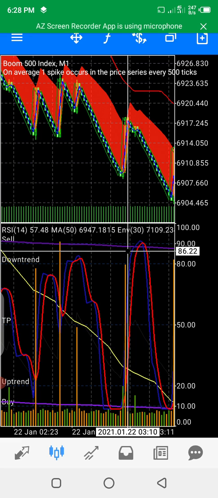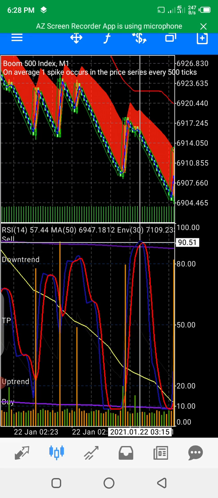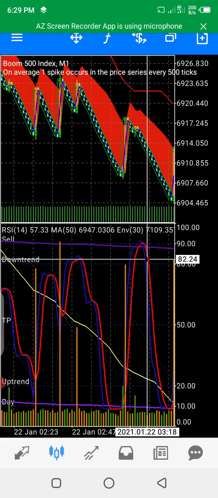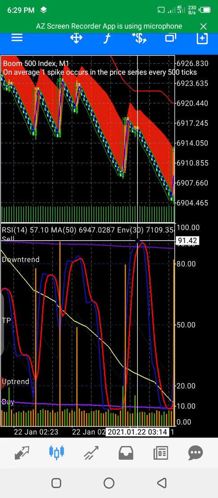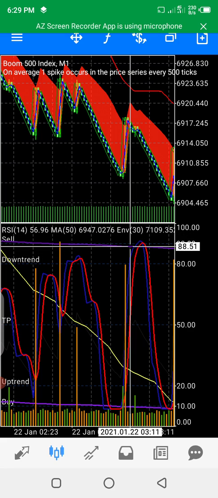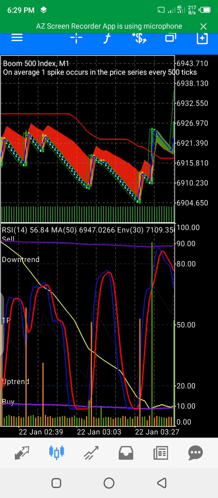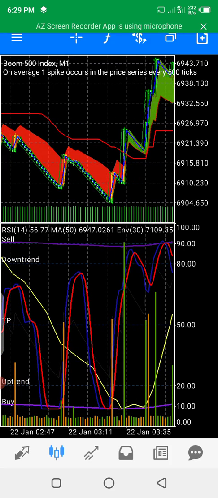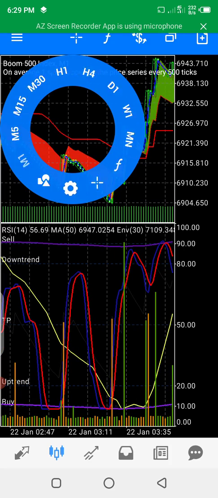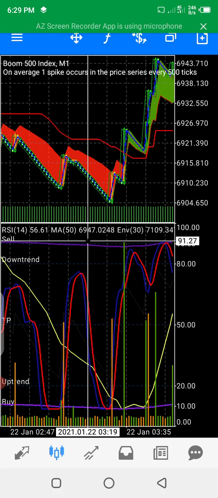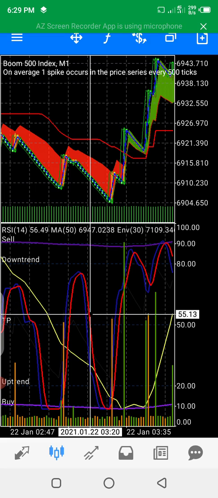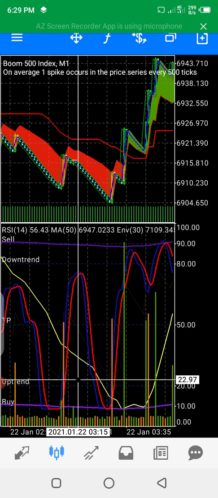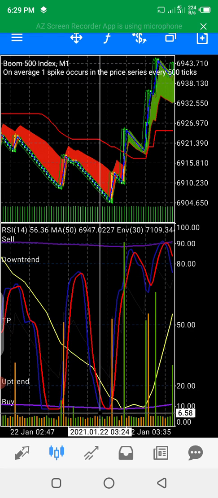Then it continued doing its thing. There it met. You've seen after meeting there was that small spike there. It continued. We're still settling until it reached here.